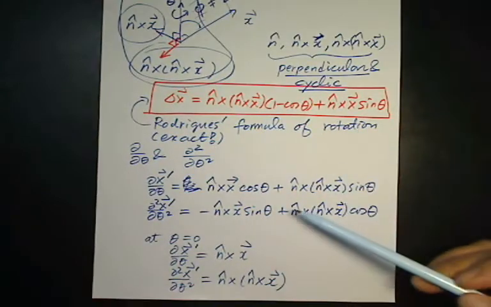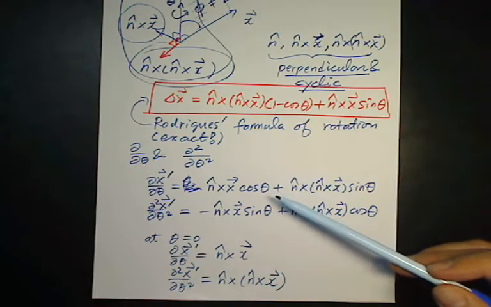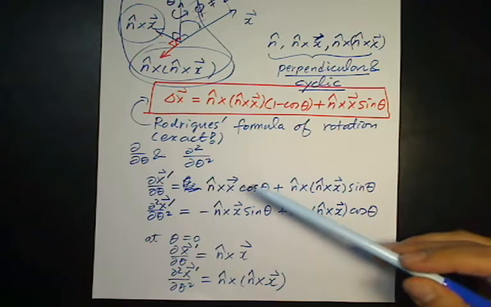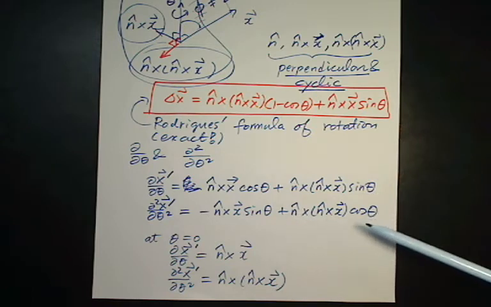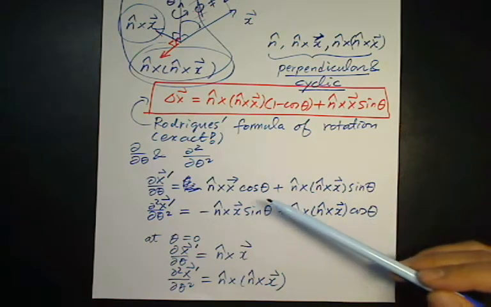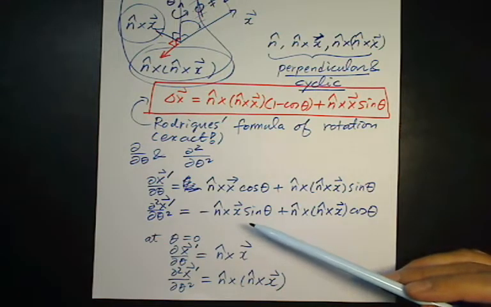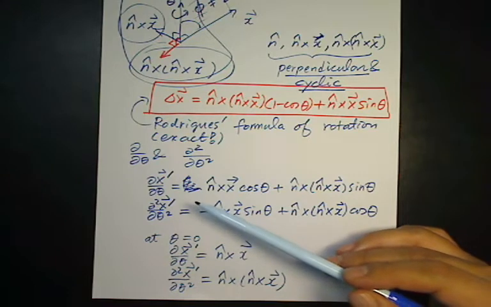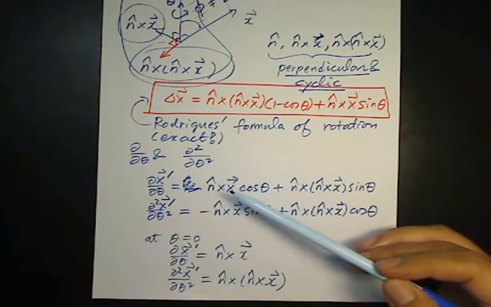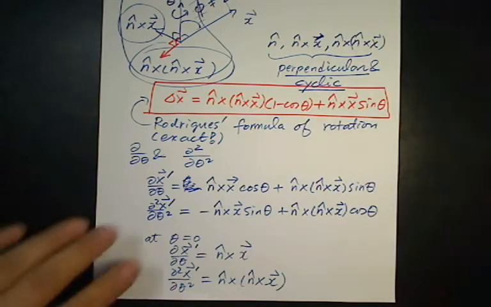And if we substitute theta equals 0, at that instant this one becomes 1, this one disappears, this one survives, and this one disappears. So at theta equals 0, the rotation effect has the first order derivative n cross x, and this one involves the second order derivative.